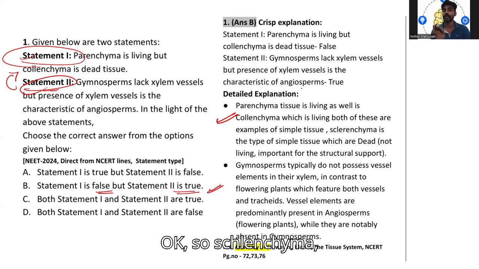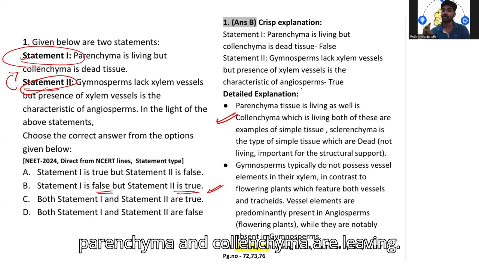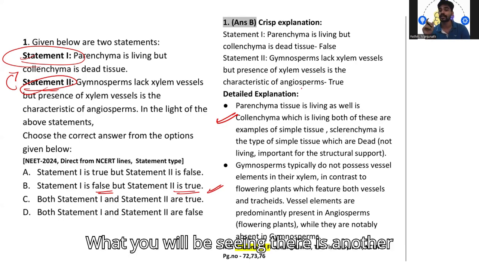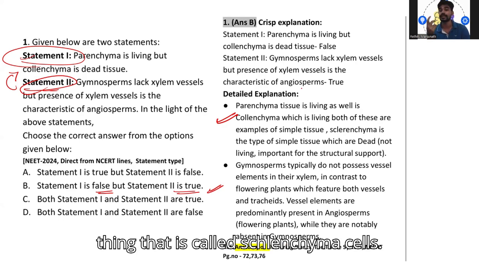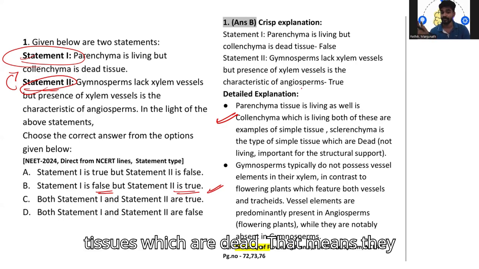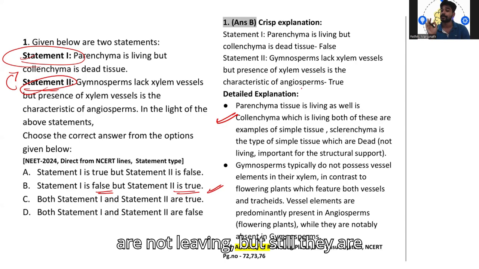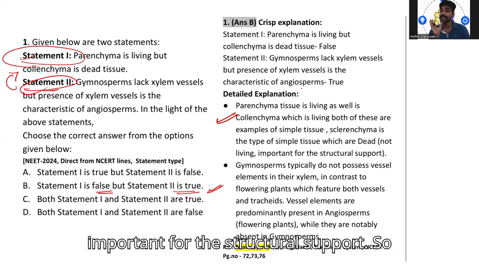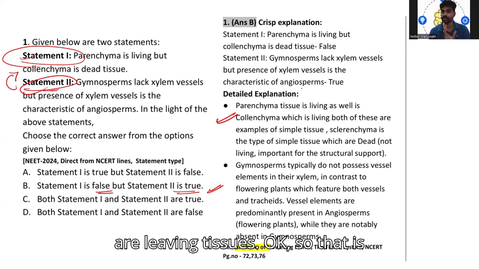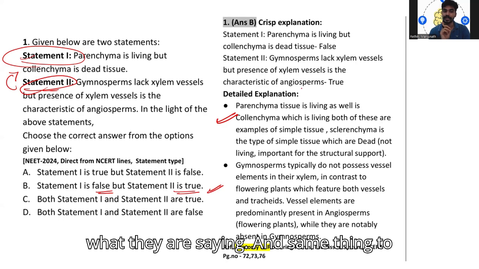That means they are not living, but still they are important for structural support. Therefore, both parenchyma and collenchyma are living tissues.